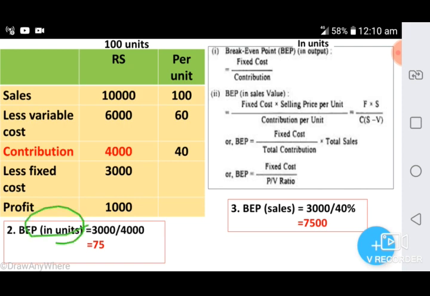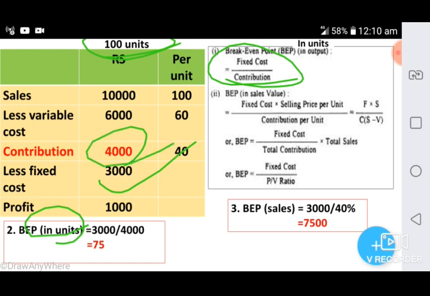Equation, fixed cost divided by contribution. Here fixed cost 3,000 divided by contribution 4,000. 3,000 divided by 4,000 is 0.75, that means 75 units.